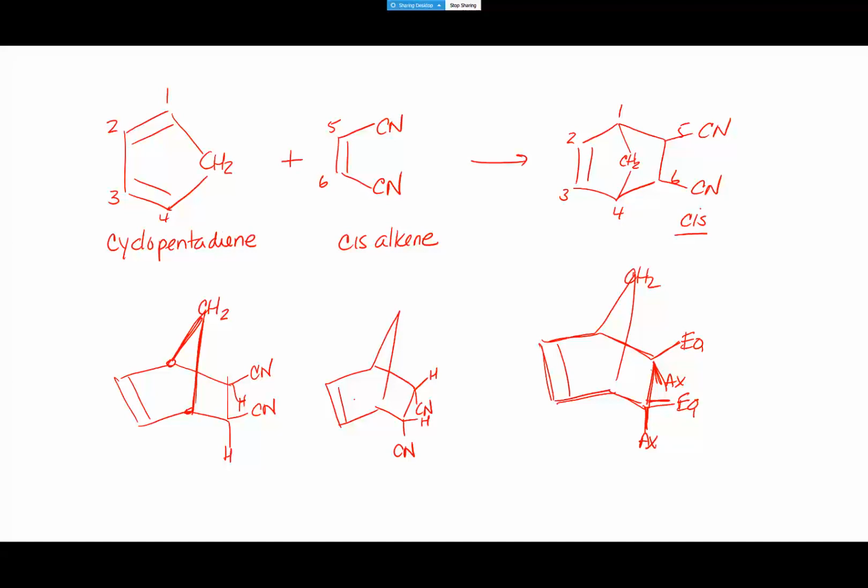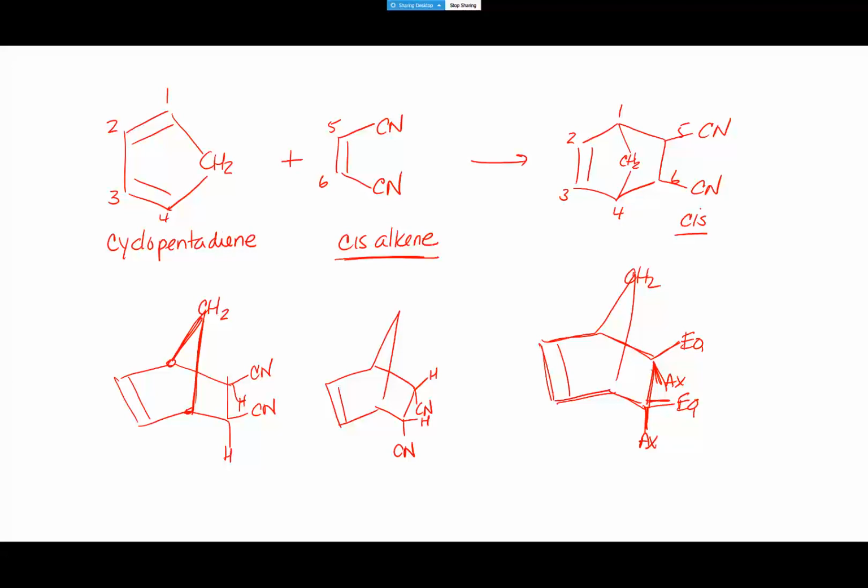Now again, this is only when you have a cis alkene reacting with a cyclic diene. If this was a trans CN, then one CN would be axial and one would be equatorial, and there would be no difference between the products.